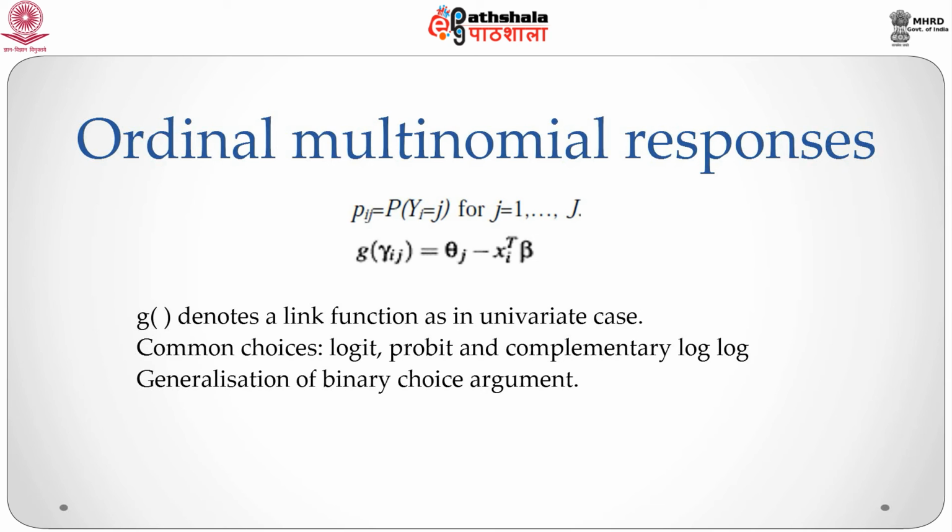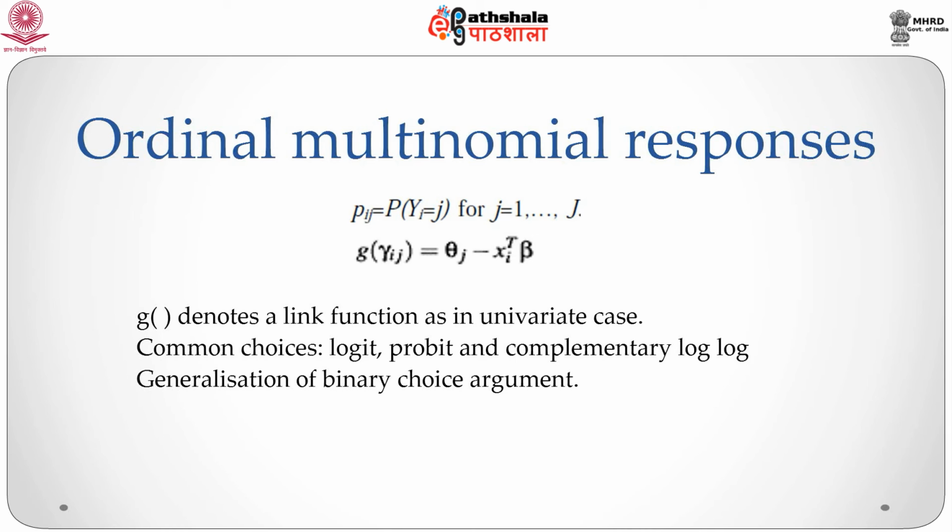Now we are somewhat helped by the fact that the binary choice model, which we have seen to motivate logistic and probit regression for the case of binomial data, can also be generalized to the case of ordinal multinomial responses.